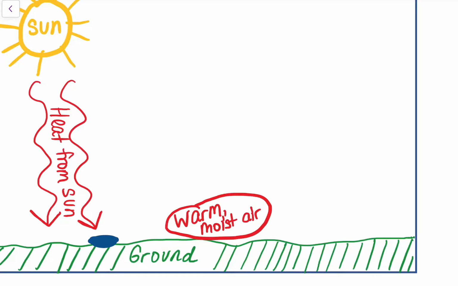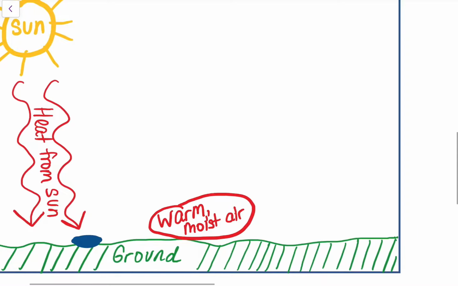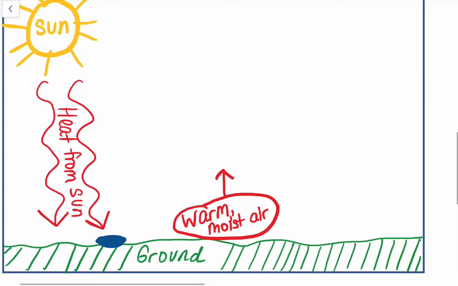So this bubble is a bubble of really warm, really moist air, which means there's a lot of water vapor in it. And that warm, moist air is not going to stay near the ground. That warm, moist air is going to start to rise up because it is less dense.